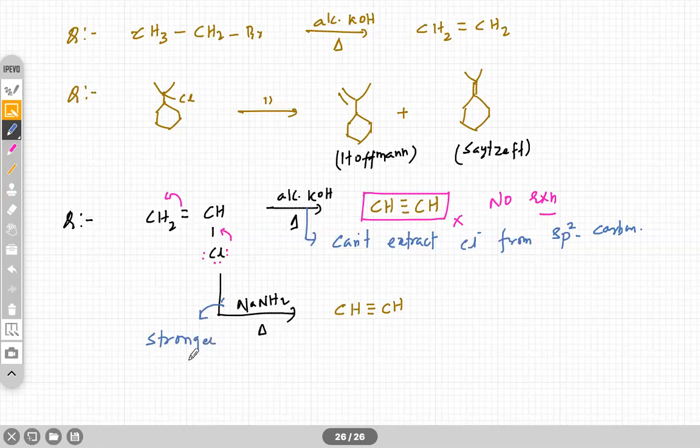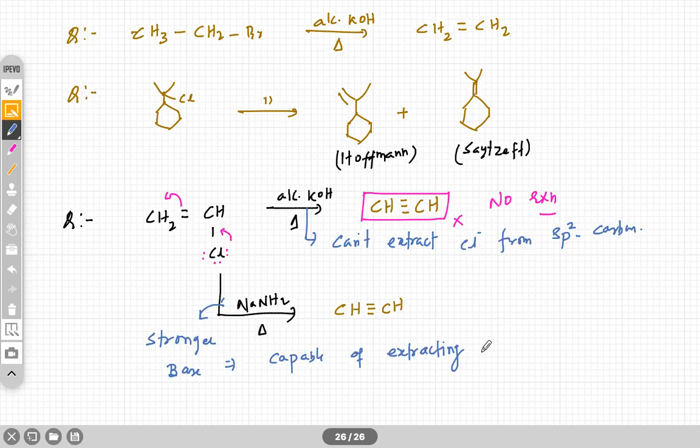This information also you must have. The stronger base is capable of extracting Cl minus from sp2 hybridized carbon, right? That's why this reaction is not possible, but this one is possible.